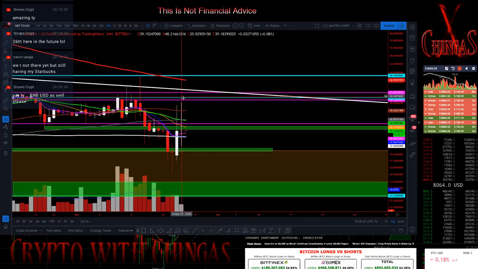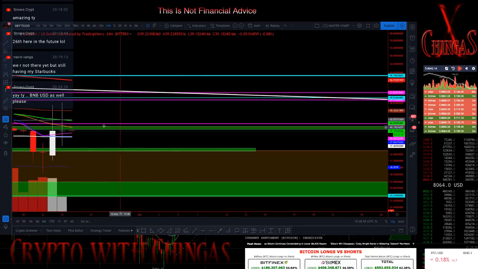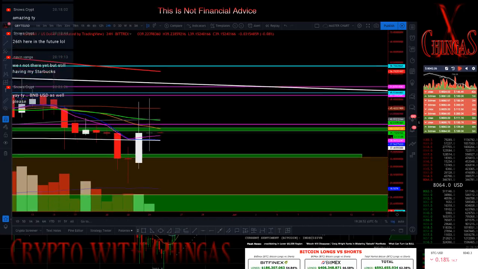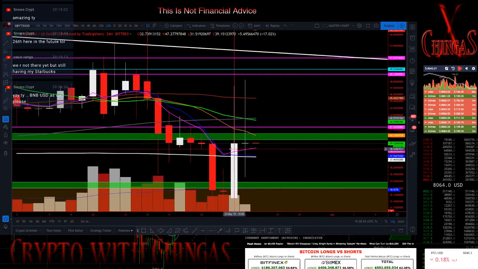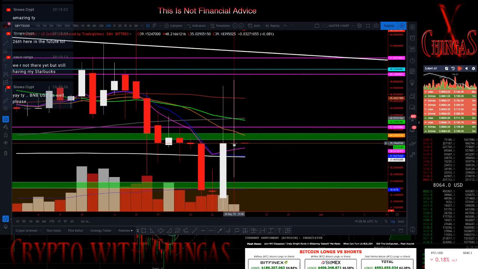So monster move. Now this candle right here is just sick. This is a massive doji. So doji, typically, I call a doji if it's less than like 1% or 2%, depending on the overall strength of that asset.